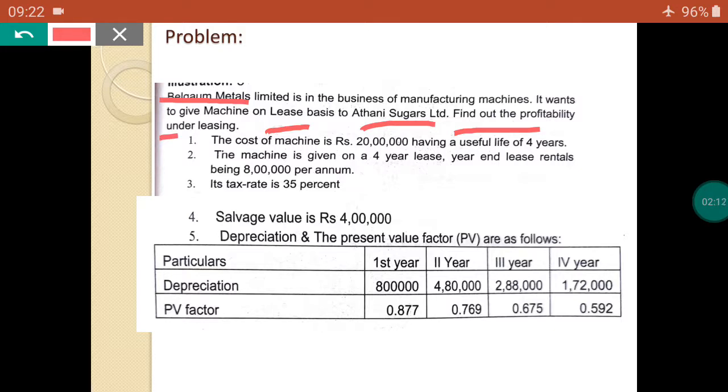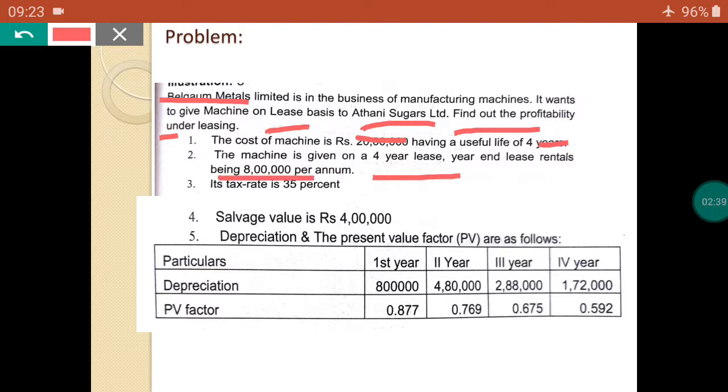Okay, they are providing some values. The total cost of the machine is 20 lakh, having a useful life of 4 years. The machine is given on 4 years lease, year end lease rental being 8 lakh rupees per annum.